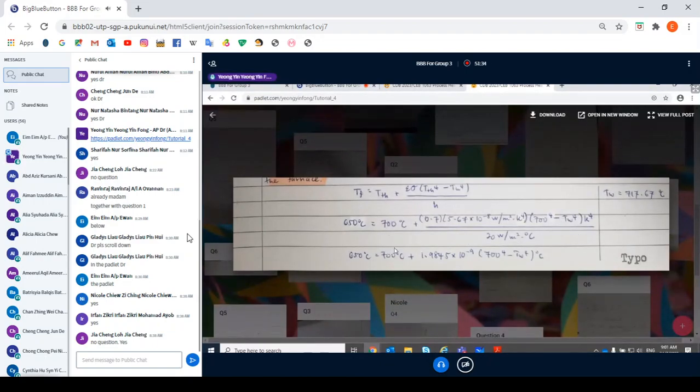You double check your calculations. So this one must be in Kelvin. Okay, this unit is in Kelvin.